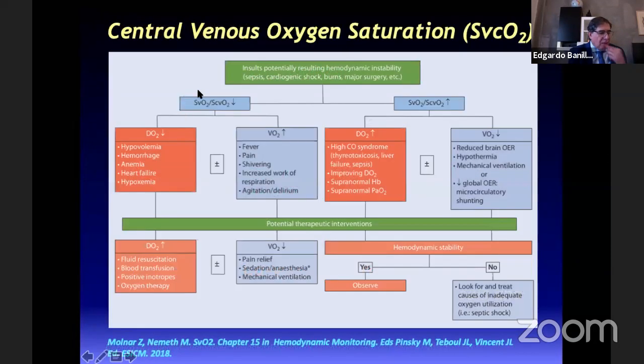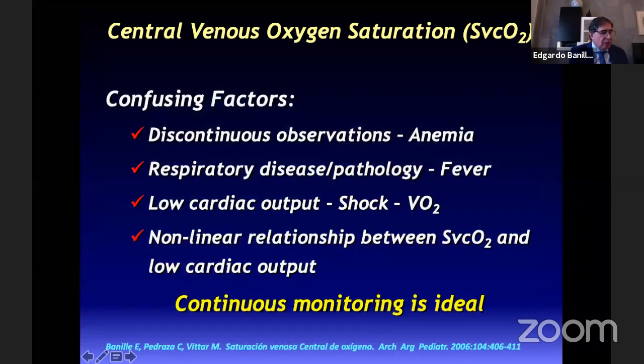This chart shows the factors that alter DO2 and VO2. To ensure that the decrease of central venous oxygen saturation is due to low cardiac output, we must discard all these confounding factors. Continuous monitoring is ideal.